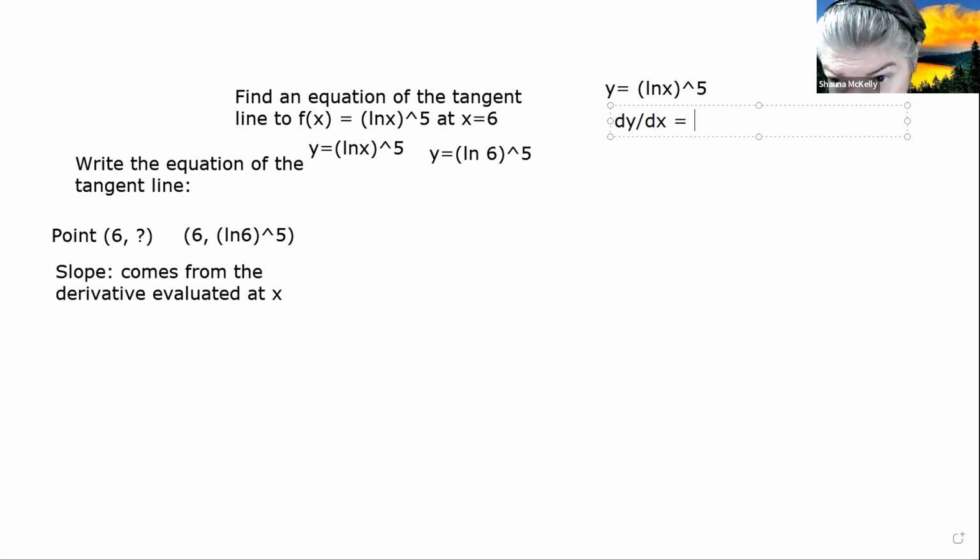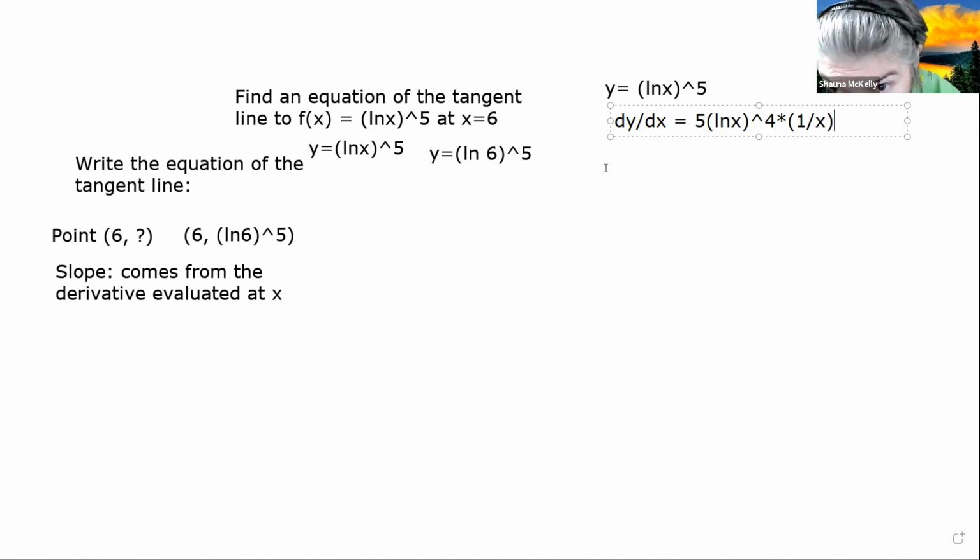This is going to be 5 ln x raised to the 4th power, power rule, times the derivative of ln x, which is 1 over x.